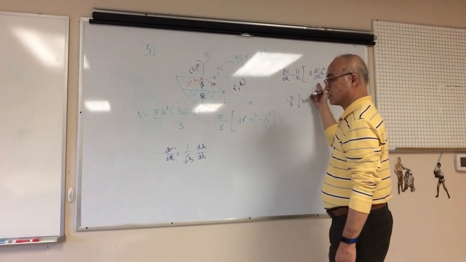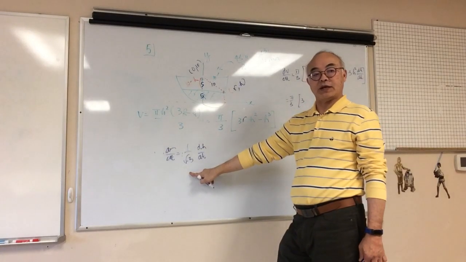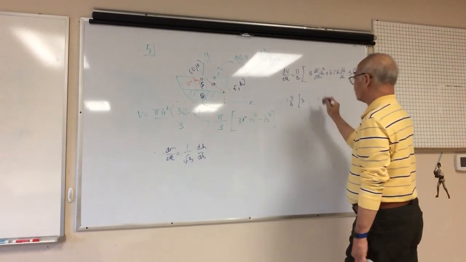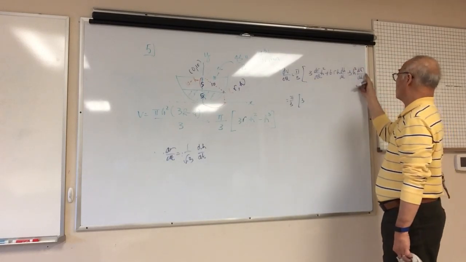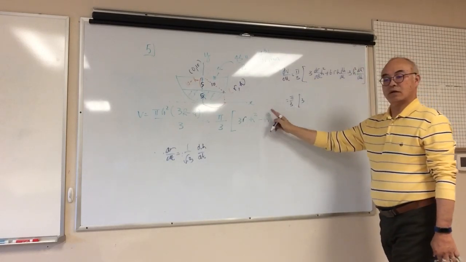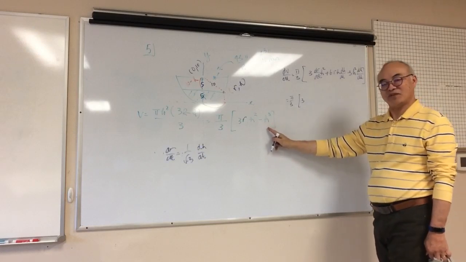Now I know this, so I'm going to put this guy in. This is why we solve for dr dt. Derivative of this guy: minus 3h dh dt, 3h squared. We haven't done that yet, but you still have to do it.